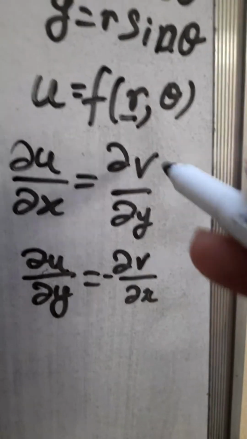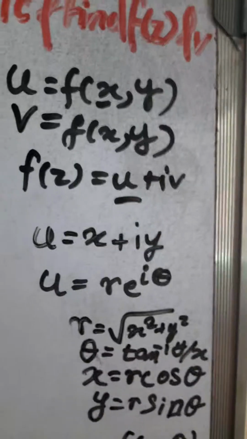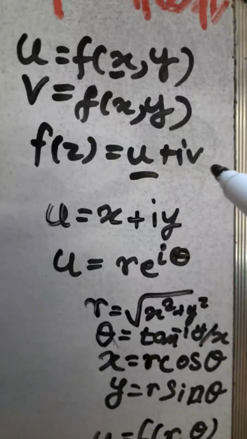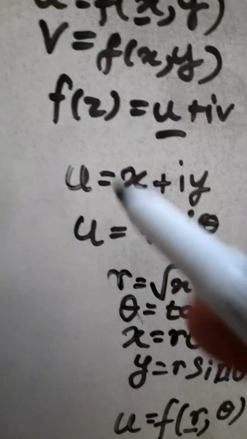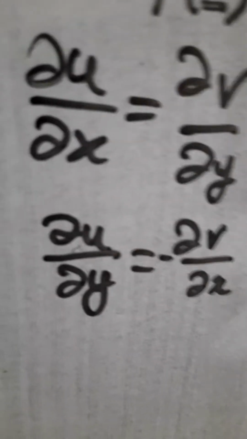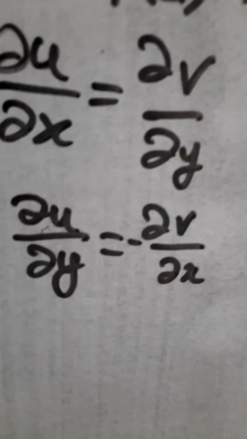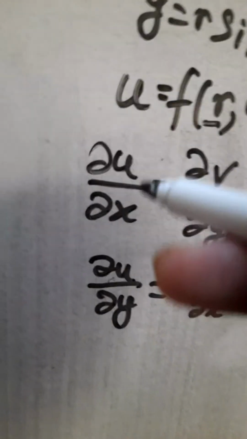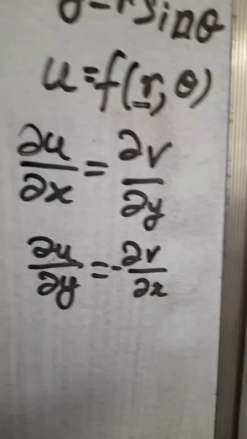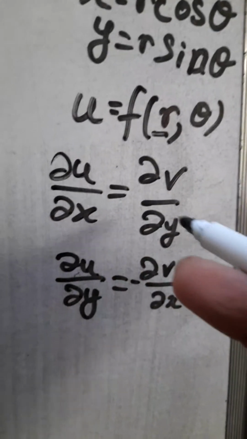These are also related because they are second functions in their respective equations. In f of z, v is second, and in x plus iy, y is second in the imaginary form. So these are related, so when they are differentiated with respect to each other, they stay positive and equal.